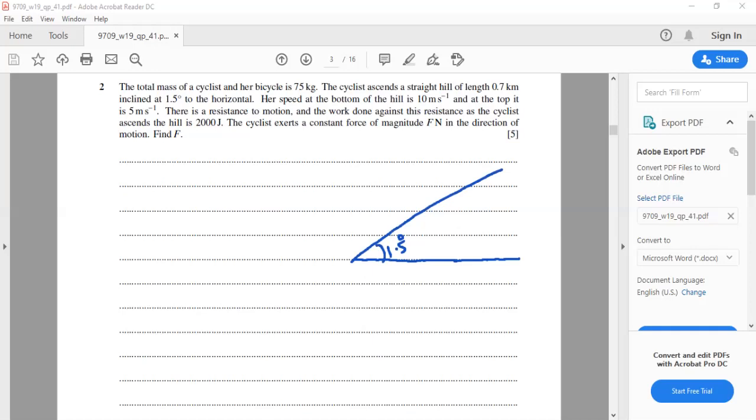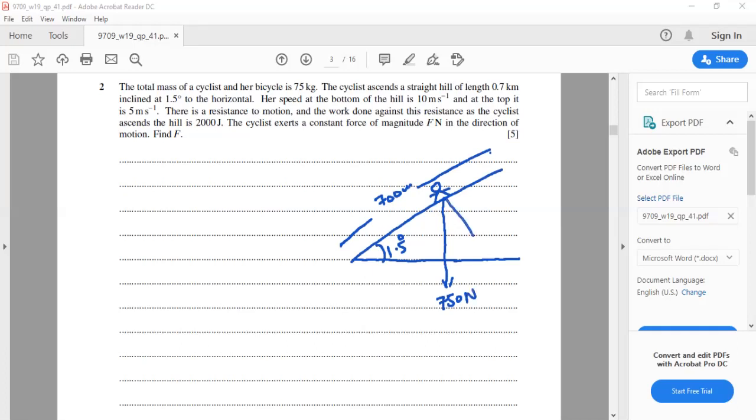And the total distance of the hill from the bottom to the top is 0.7 kilometers. That actually means the distance is 700 meters. Now, if we assume that there is the cyclist, and since her mass with the cycle is 75 kg, its weight is 750 Newton.